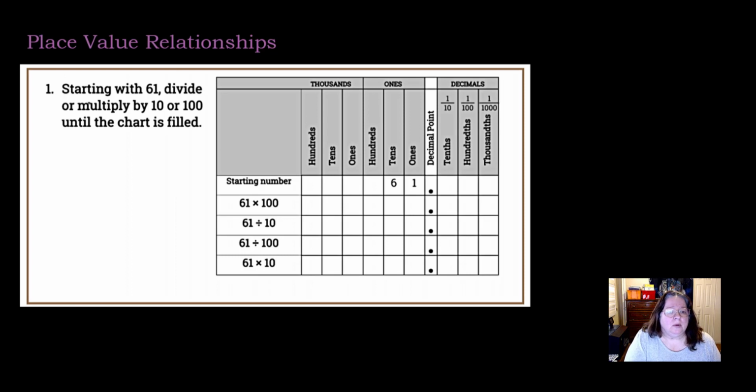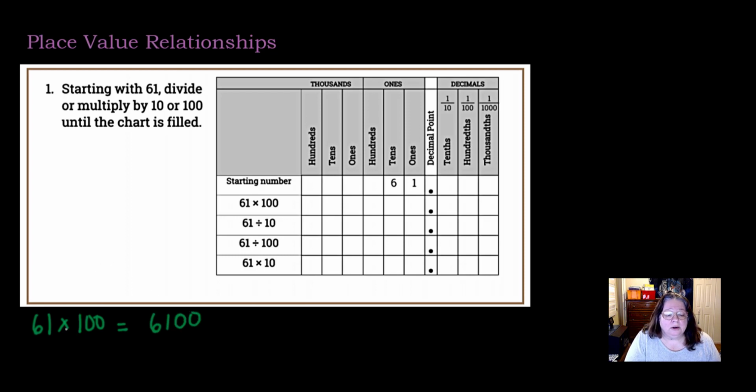Let's look at this problem. Starting with 61, divide or multiply by 10 or 100 until the chart is filled. Okay, so we're starting with 61, and they've put it in the chart for us. 61 times 100. We could add 61 100 times. We could practice what we learned in our last video, and that is when we multiply by 10, we're really moving the decimal point over.